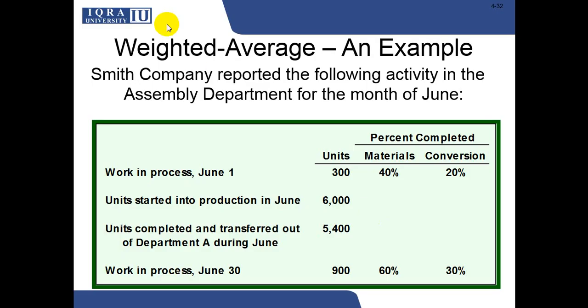Okay, now we have the example. Smith Company reported the following activity in the assembly department for the month of June. Work in process June 1st, 300 units.